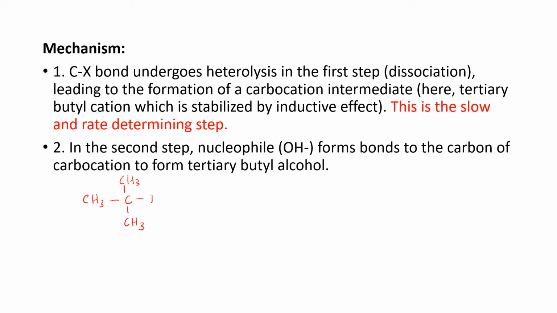So tertiary butyl bromide in the slow step ionizes to form the carbocation. It is tertiary butyl cation.